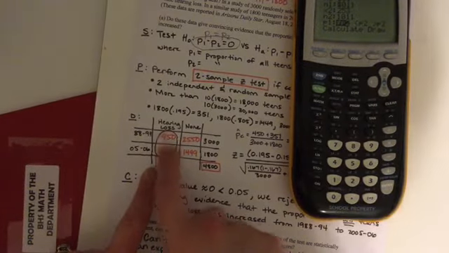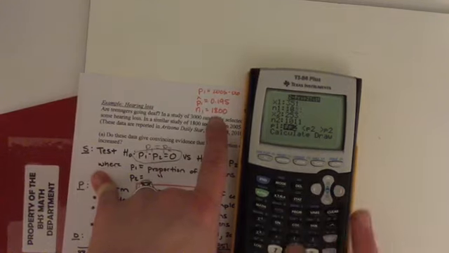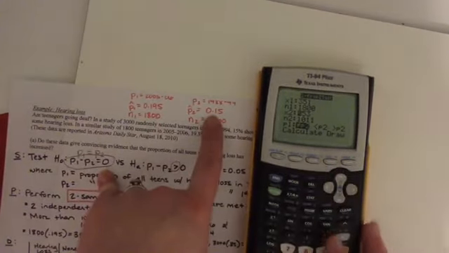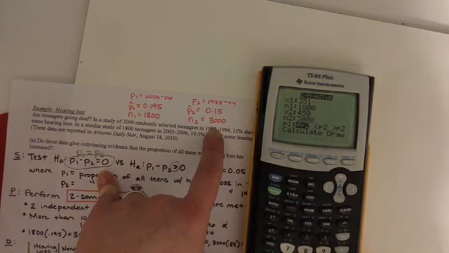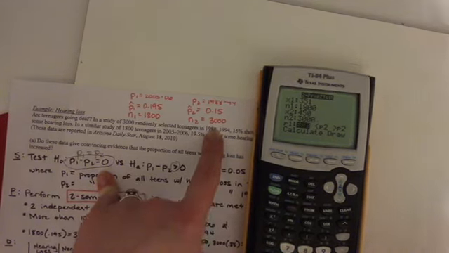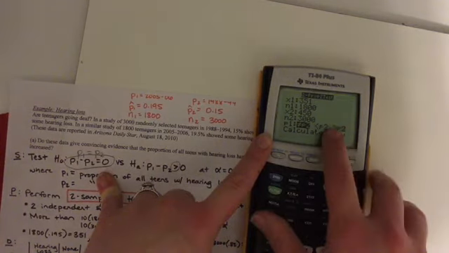There's 351 people, so that's basically what I did here to create this table. Don't have to make that table. Out of 1,800 people. And then the older study was 15% of 3,000, so that's 450 people out of 3,000. And again, the way I've just set this up, it's P1 greater than P2.